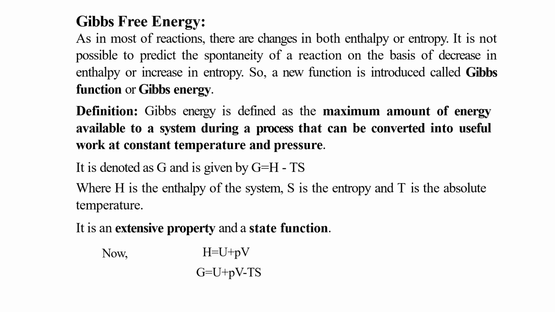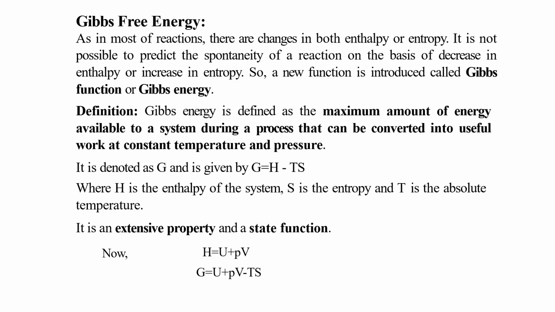It would be better if that property is a state function, because a state function has an advantage. What is the advantage? It depends only on the initial state and the final state of the system, not on how you go from initial to final state, whether you take path 1, path 2 or something else. So that's why Gibbs free energy comes.